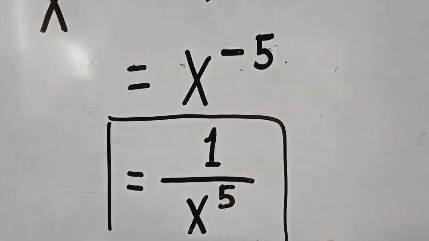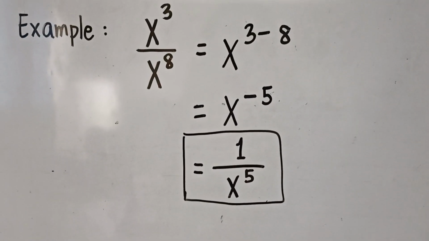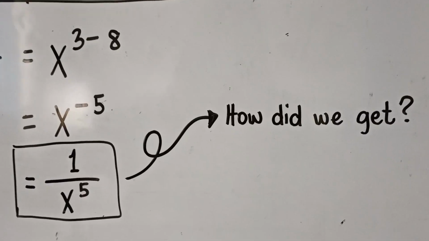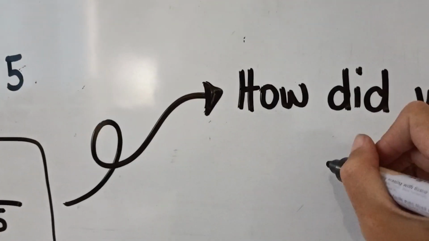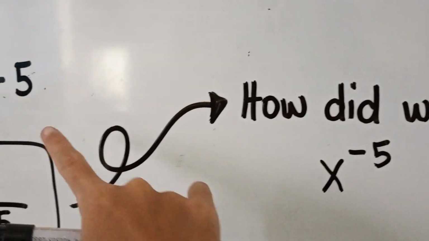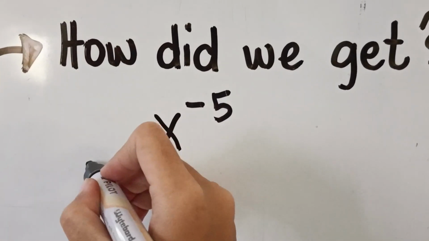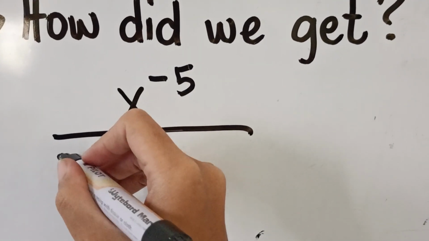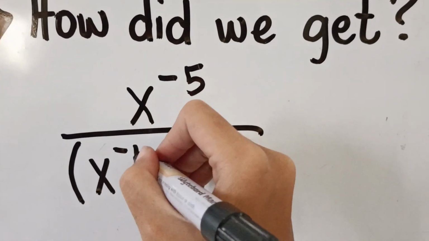So the final answer is 1 over x to the power of 5. How did we get the final answer? So all we need to do is to copy the term that has a negative exponent, which is x raised to the power of negative 5. And then we are going to divide it by its positive and negative form.